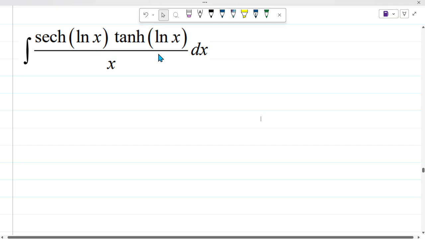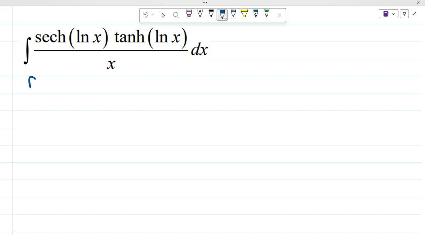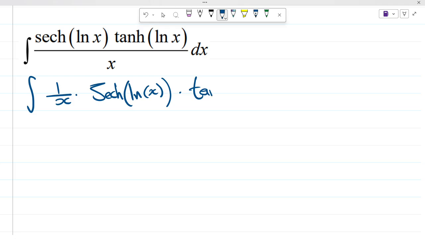So what do we then do? We just need to first make sure that we have the derivative of the argument. Of course it's there, but let's rewrite it nicely for y'all to see. So I'm gonna rewrite this question in the following way so that the conclusion could make sense. So this is hyperbolic sec of ln of x multiplied by hyperbolic tan of ln of x, then the 1 over x.